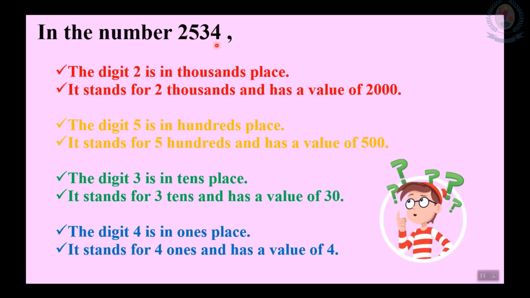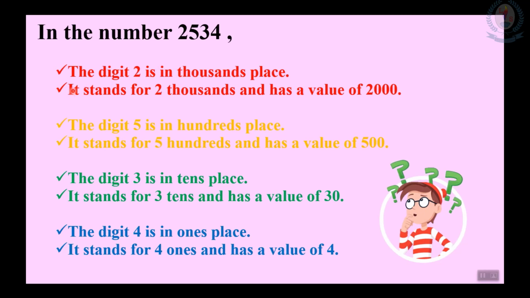You have to consider from right hand side to left hand side. Don't mix that up. The right hand side first value is the ones place, then tens, then hundreds, then thousands.